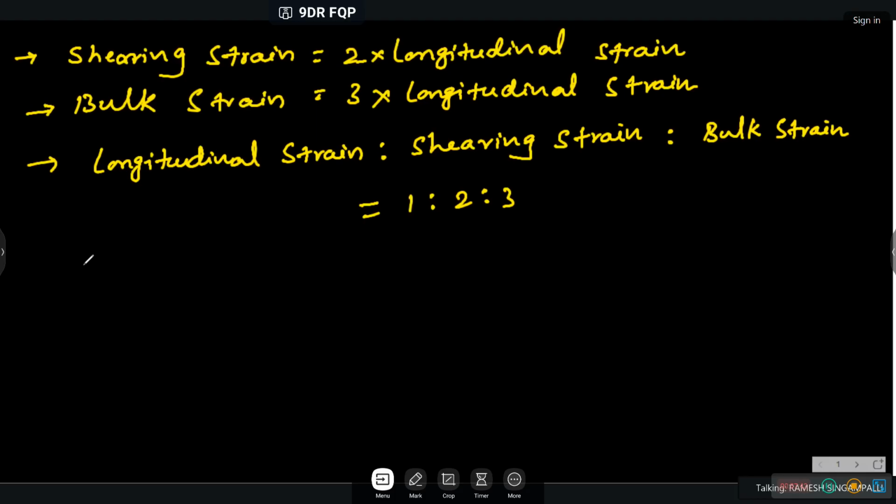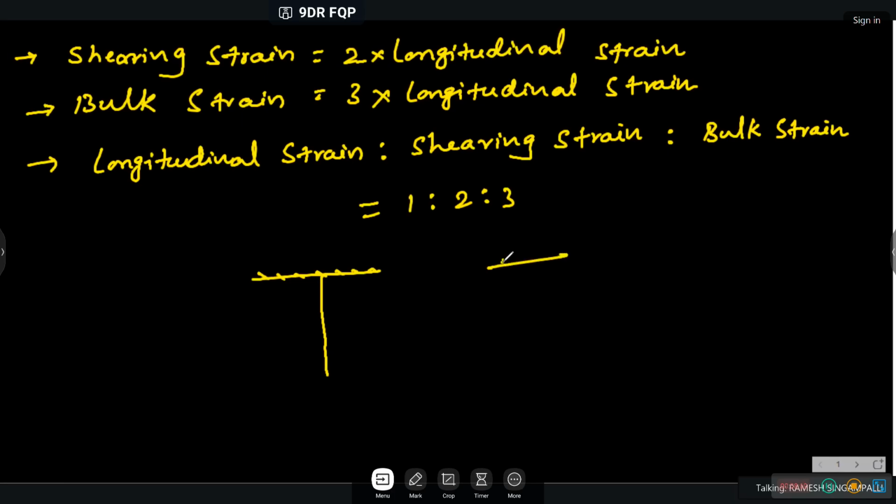Now, suppose a long wire is suspended vertically. Due to its own weight, elongation will happen or not?